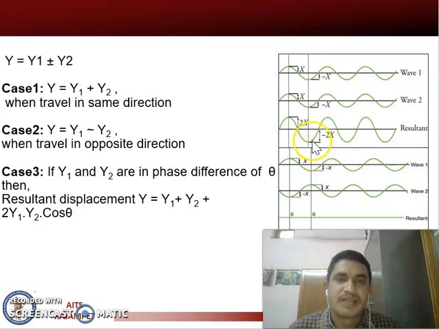For example, wave 1 and wave 2 are in the same phase and they meet, and the resultant wave displacement is 2x, equal to x plus x, which are the displacements of wave 1 and wave 2. If two waves are out of phase, then the resultant displacement is x plus minus x, and we get 0.